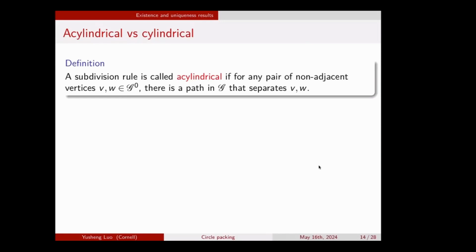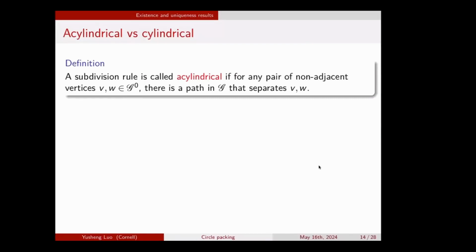So the definition of asymmetrical is the following. If we consider any pair of non-adjacent vertices V and W in the level 0 graph, we say it is asymmetrical if there is a path in this limiting graph that separates V and W.